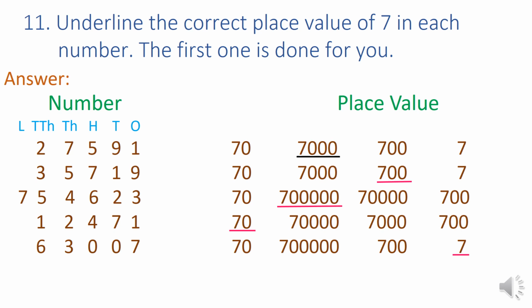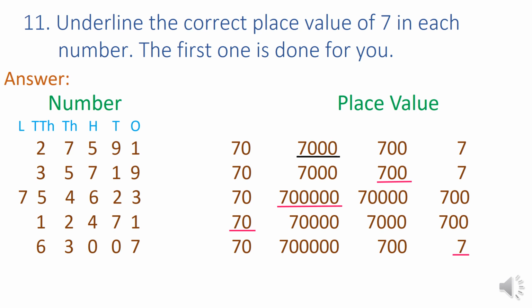Our second number is 35,719. In this number, 7 is in the hundreds place. So the place value of 7 in 35,719 is 700.